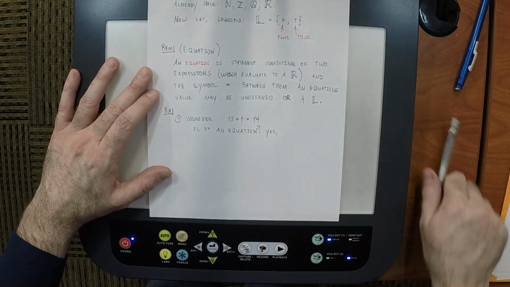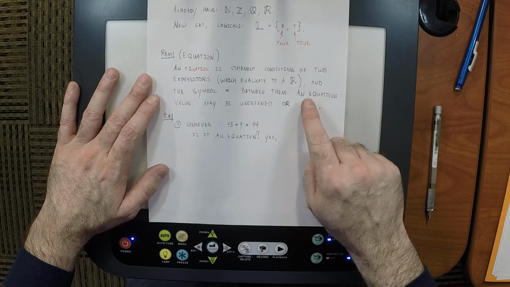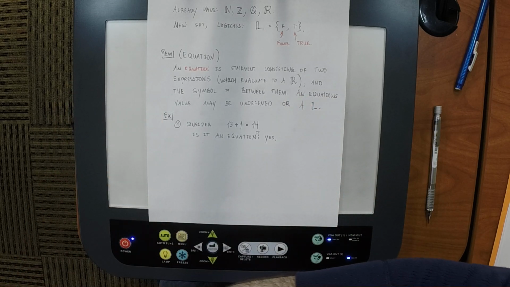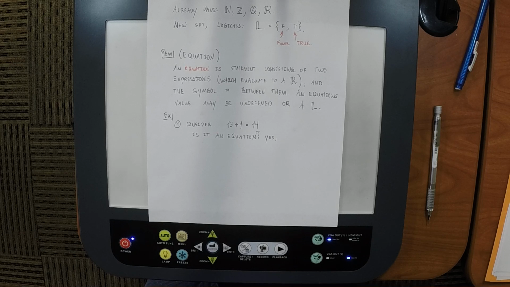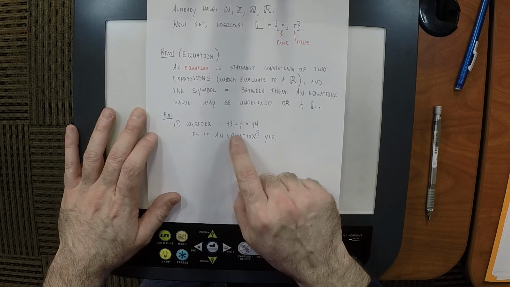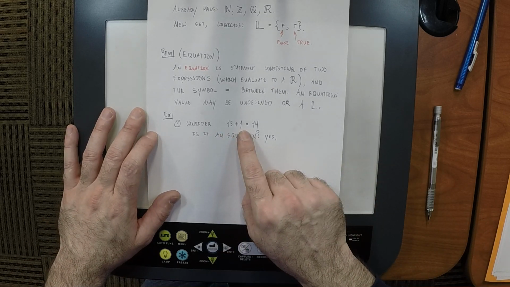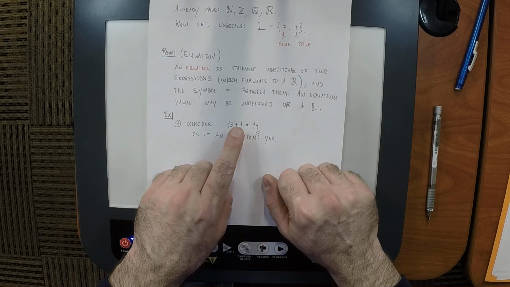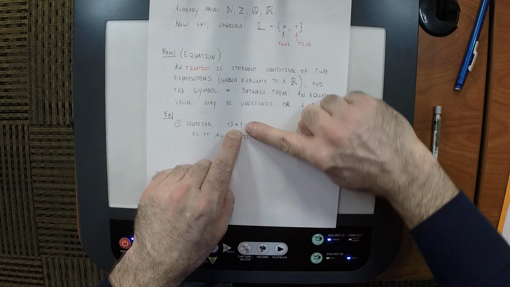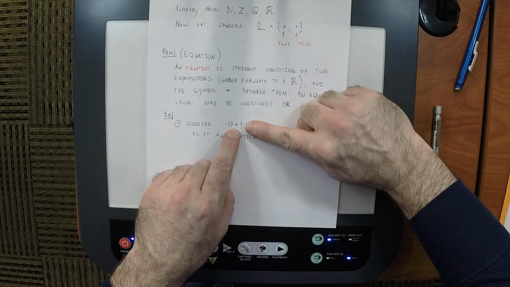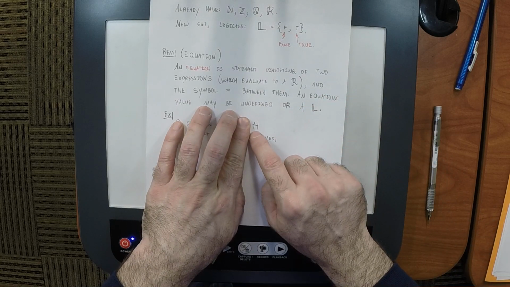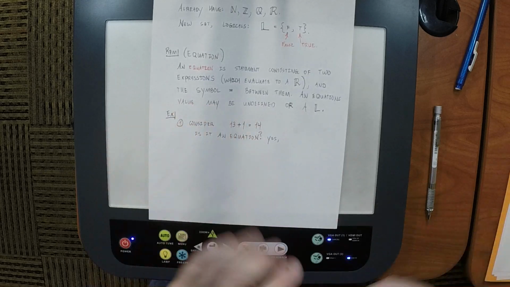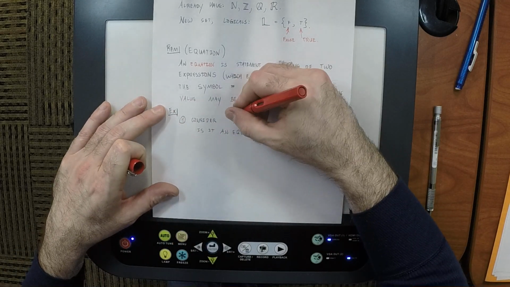In the end, here's the reason: look at the definition. An equation is a statement consisting of two expressions, those expressions evaluate to a real number, and the symbol equal is between them. You write equations like this, and the left-hand expression will be referred to as the left-hand side, and the right-hand expression as the right-hand side. These are just the typical names.